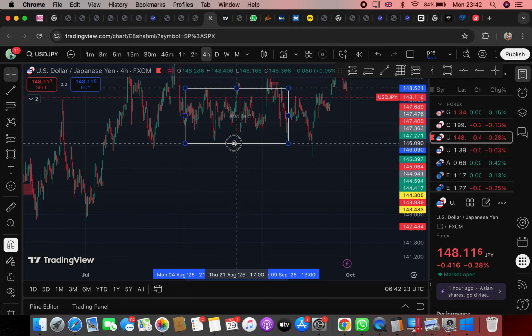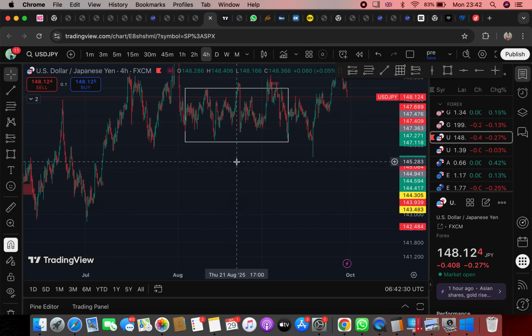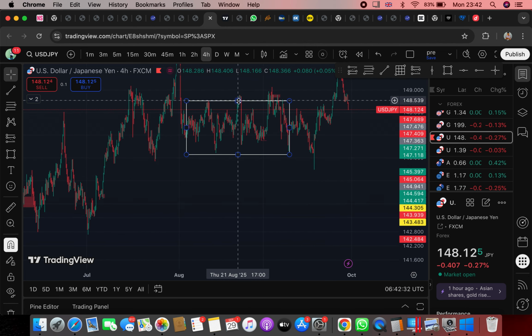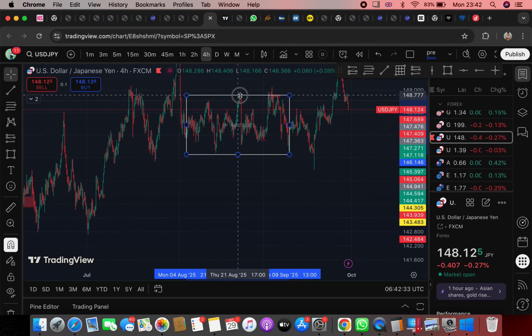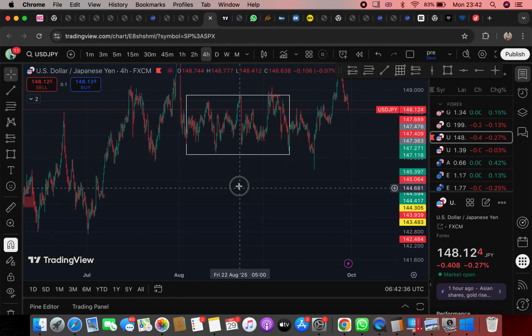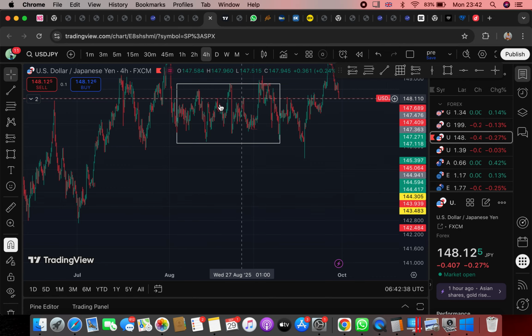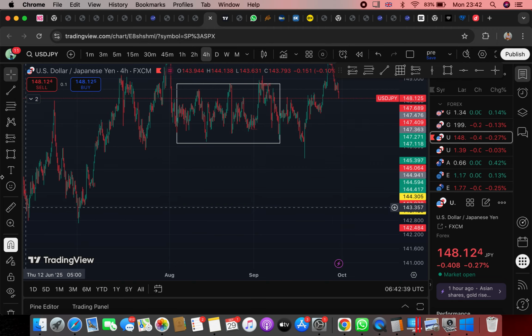It started accumulating from here. Sorry, this thing doesn't want to stay. This was where the market started accumulating from. You can see this accumulation, this green.